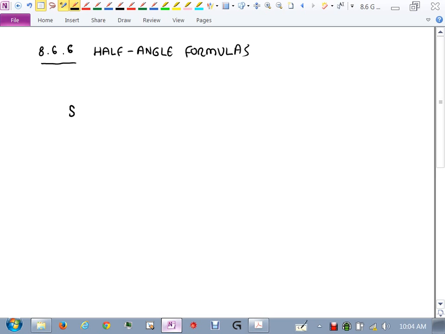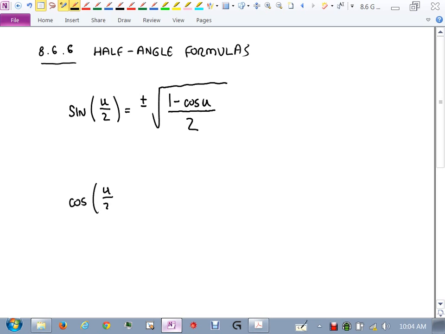If I have sine of u over 2, this is equal to plus or minus the square root of (1 minus cosine u) over 2. Cosine of u over 2 is plus or minus square root of (1 plus cosine u) over 2.